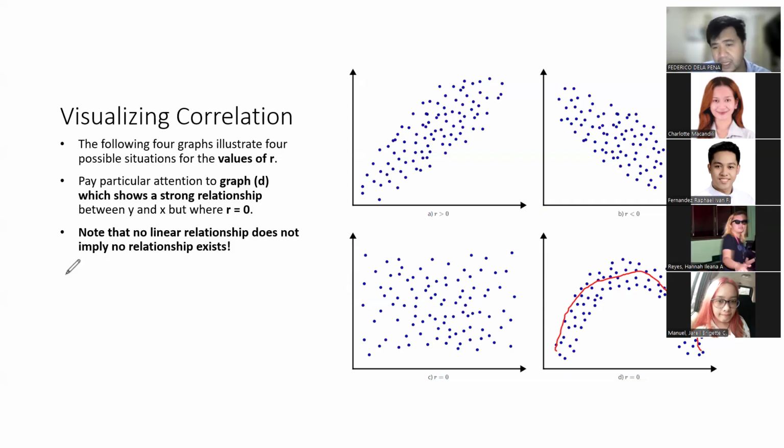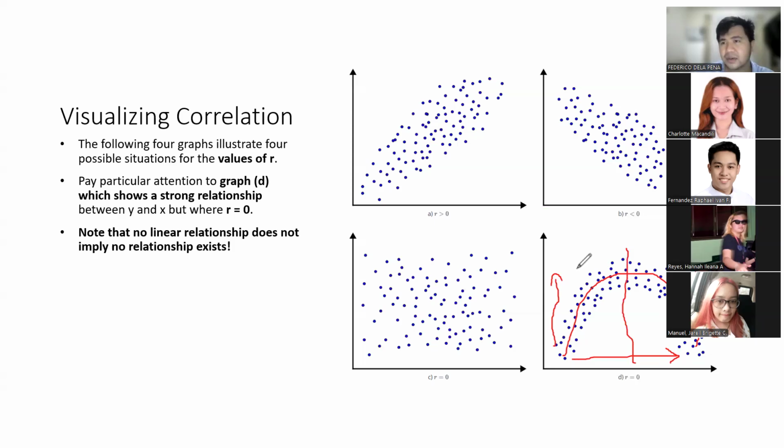And from the perspective of linear relationships, this one is actually showing a 0 correlation. Because as you increase your x, your y is partly increasing, and then after a certain point, half of the values are actually increasing, and the other half are actually decreasing.